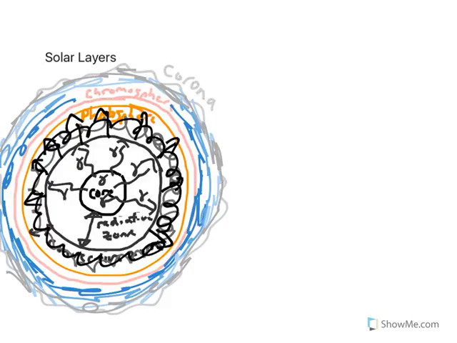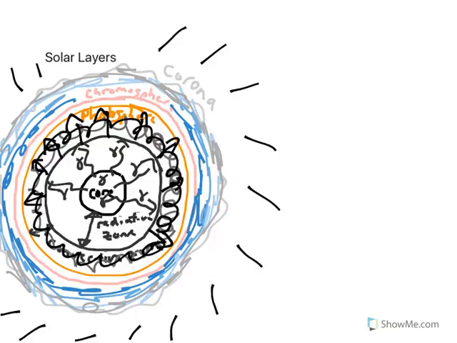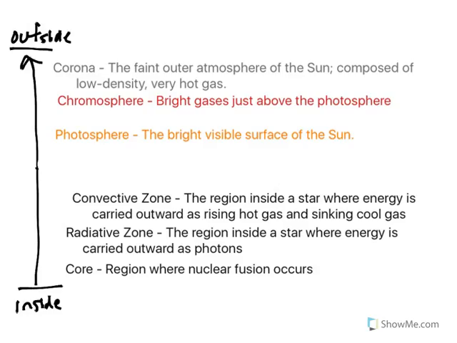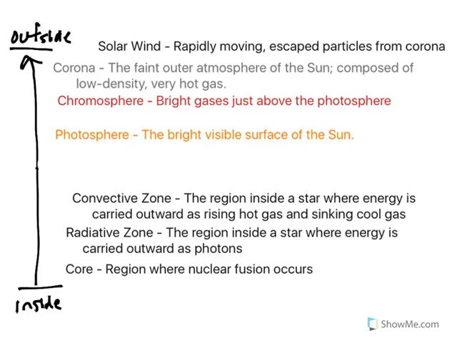Now, although this is not an actual layer, we are going to add a solar wind to our diagram. The solar wind is particles. They could be atoms, or they could be atoms that have gained or lost an electron, called ions. These are particles that are rapidly moving away from the sun, and they have escaped from the corona.